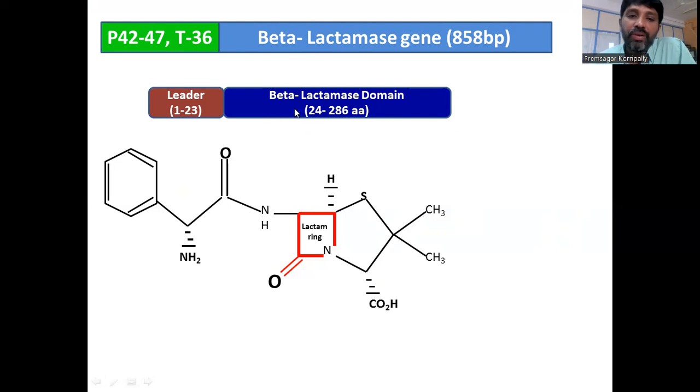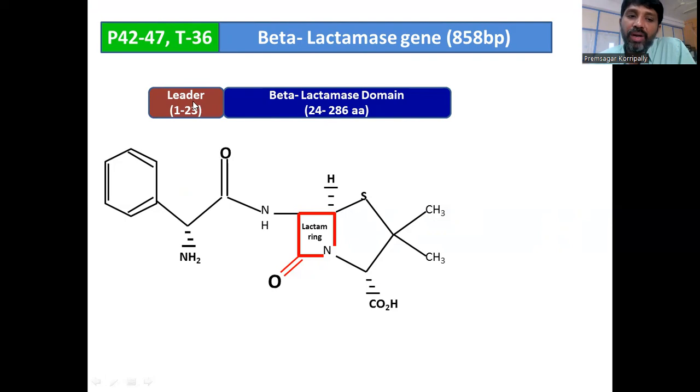When you look at the functional domains, it has two domains. One is a leader domain, or signal peptide. Amino acids 1 to 23 are not found in the mature enzyme.